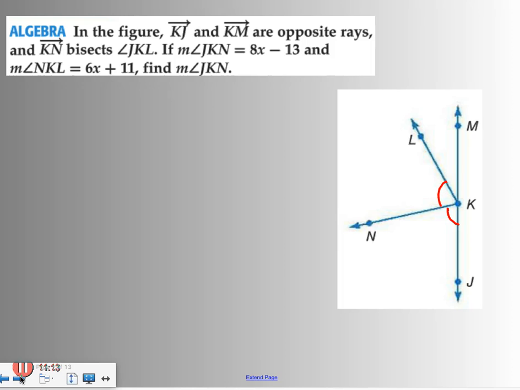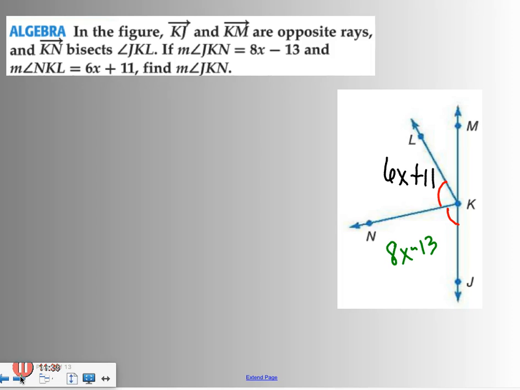I would jot that down. And the last piece of information, angle NKL, is 6x plus 11. And we need to figure out the measure of angle JKN.